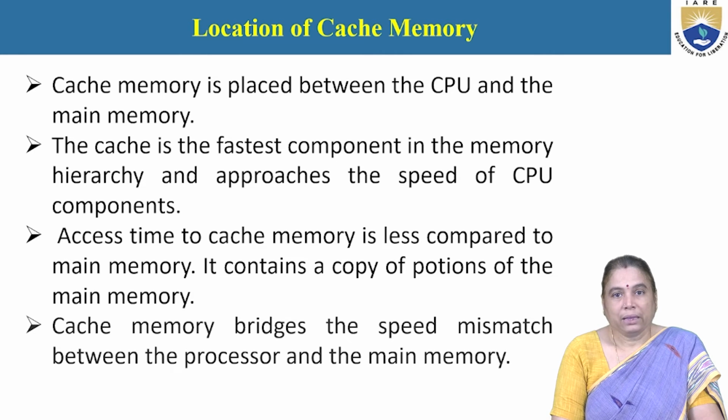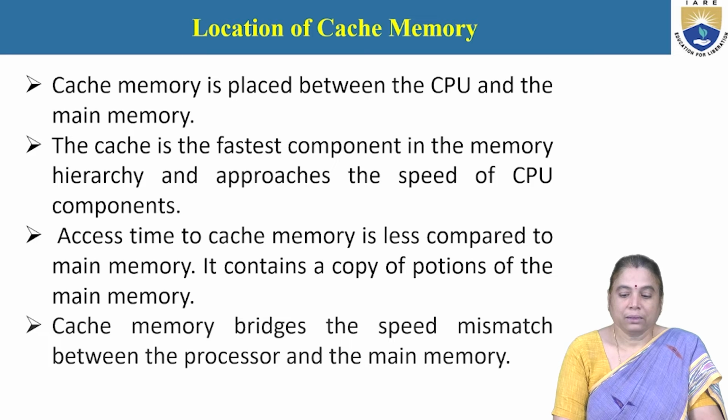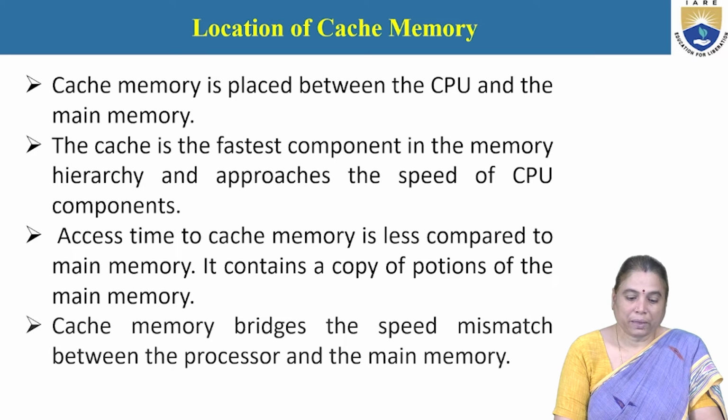The cache memory is placed in between the CPU and the main memory. The cache is the fastest component in the memory hierarchy and approaches the speed of the CPU. Access time to cache memory is less compared to main memory.